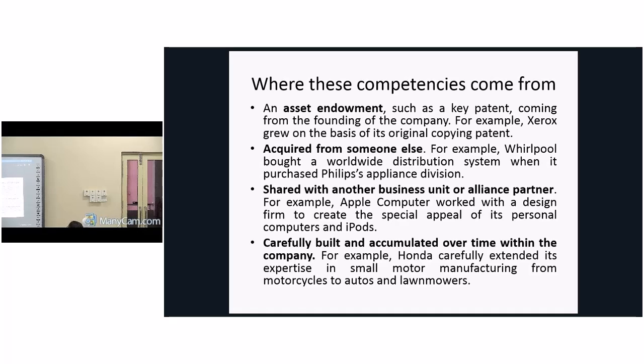And finally, carefully built and accumulated over time within the company. Again, you can build from your bottom, at your start, right? So, for example, Honda carefully extended its expertise in small motor manufacturing from motorcycle and auto motors and lawn mowers.